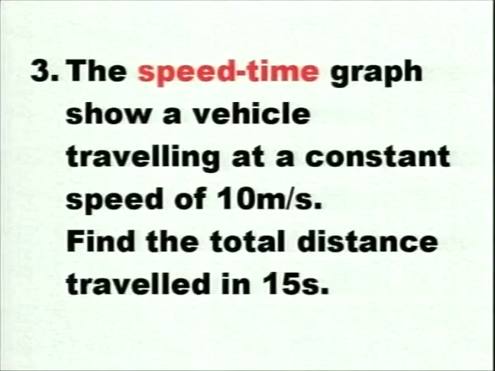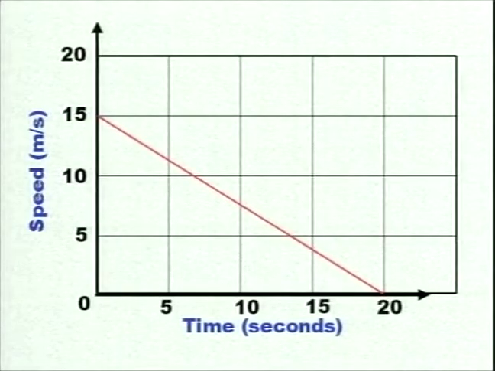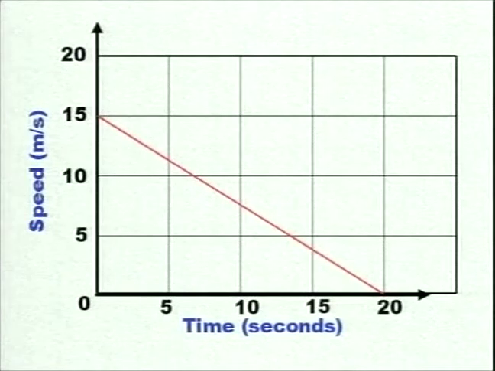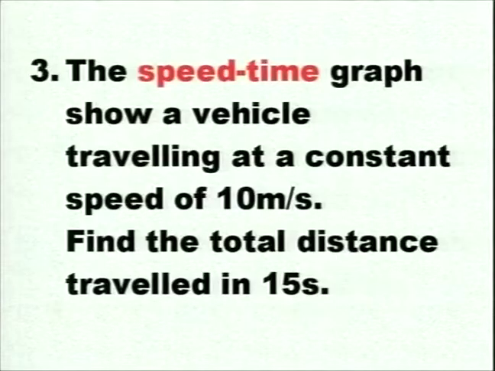Okay. Number 3. The speed time graph shows a vehicle traveling at a constant speed of 10 meters per second. Find the total distance traveled in 15 seconds. Is that part of the question? Okay, it's a separate question on its own.